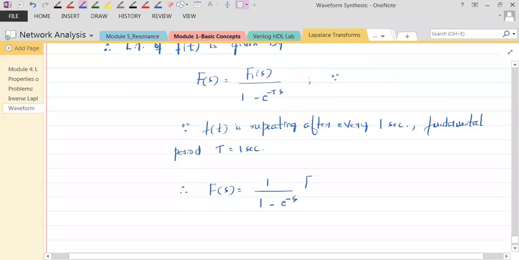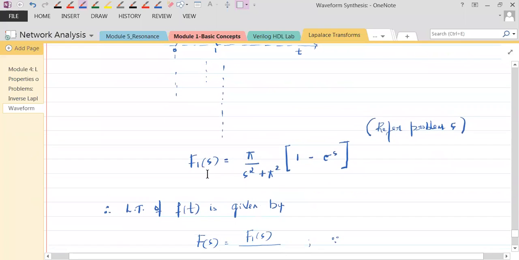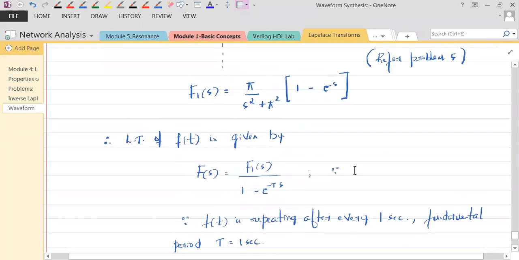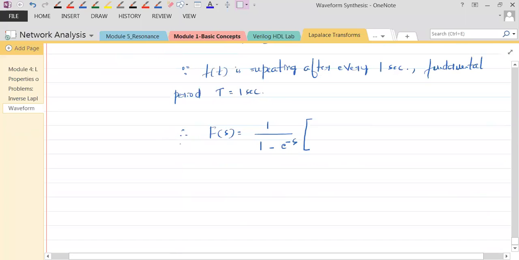Then what is f1 of s? F1 of s would be this, so let's write that: pi by pi square plus s square, into 1 minus this. So this is what f of s is.